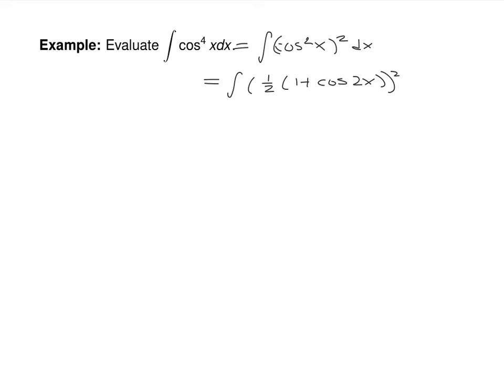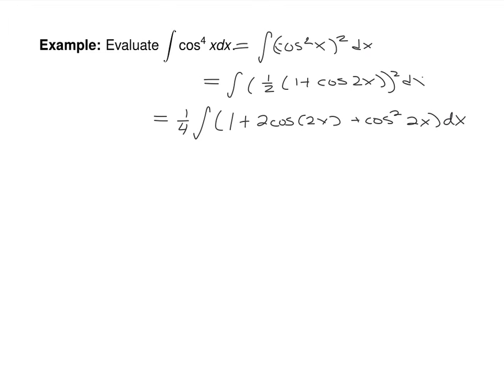And that whole thing is squared, including the 1/2, which squares to a quarter. So the quarter times the integral. Now 1 plus cosine of 2x, the quantity squared, is 1 plus 2 cosine of 2x plus cosine squared of 2x.